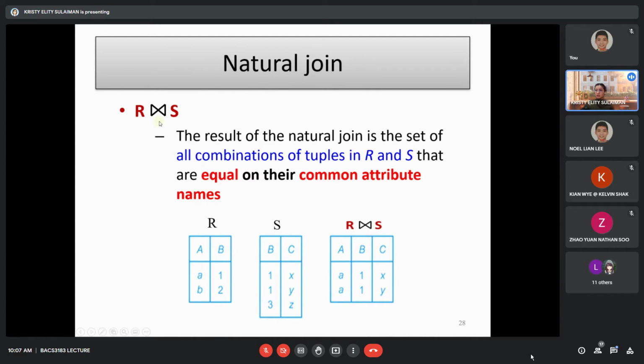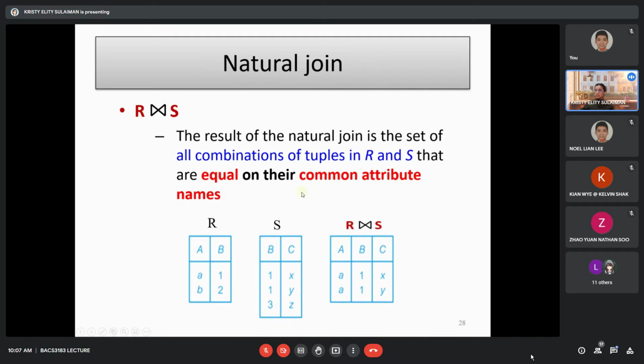Let's look at the first one, natural join. This is how we represent the natural join operation in relational algebra. The result of this operation is the set of all combinations of tuples in R and S that are equal on their common attribute names. So you do the natural join by combining the tuples in R and S that are equal on their common attribute names.